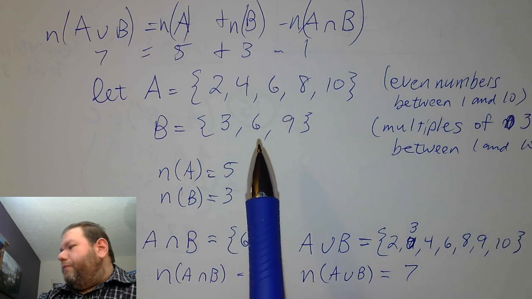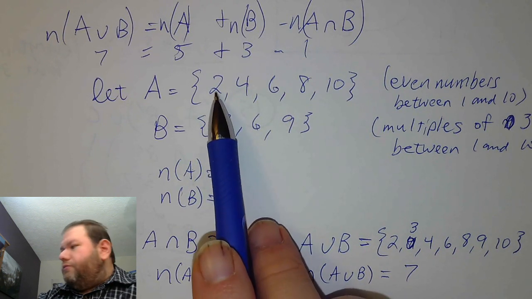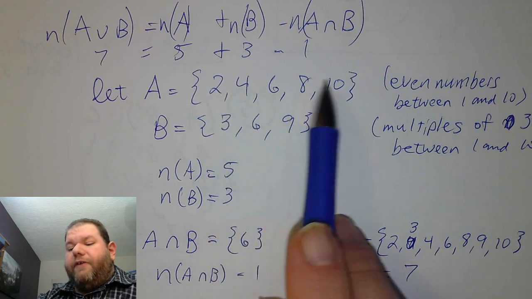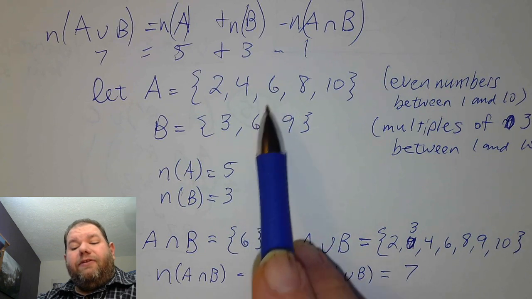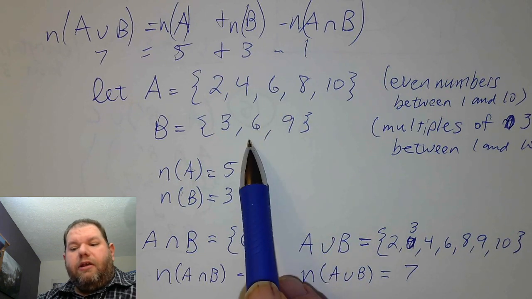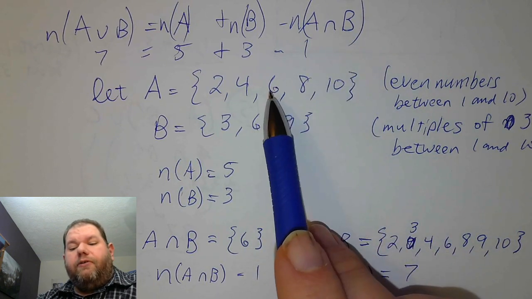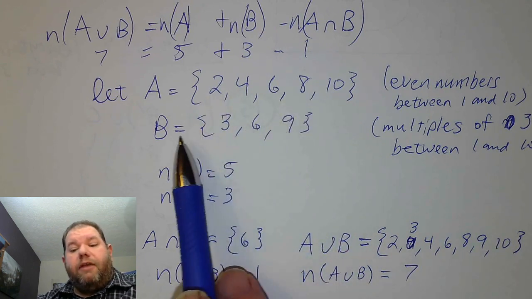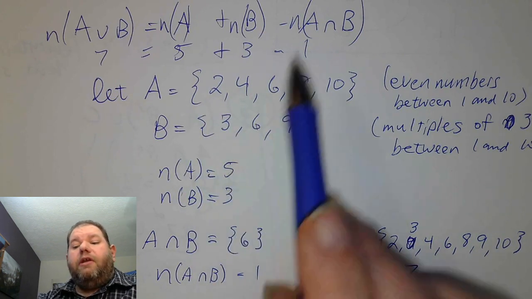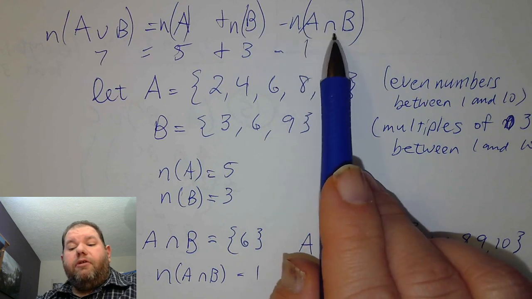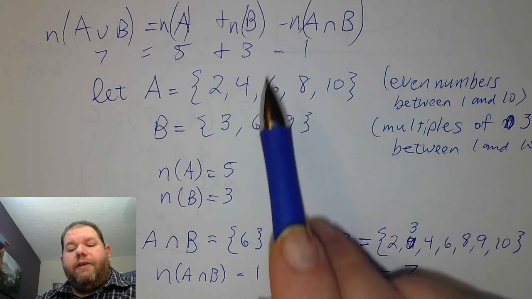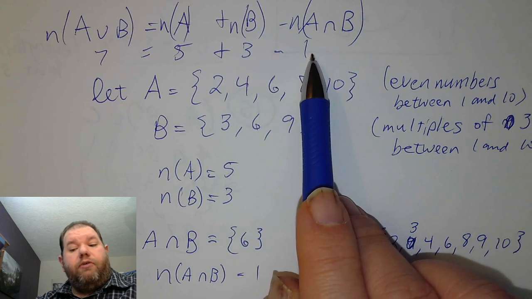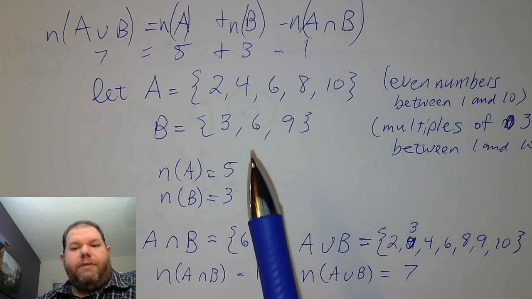So, we have 5 elements here, 3 elements here. There's 8 altogether. However, 6 is duplicated in both sets. So, because whatever numbers are in common to A and B end up being counted twice, we take away the intersection of A and B, because if it's counted twice, we want to remove it once, so each 6 is only counted one time.